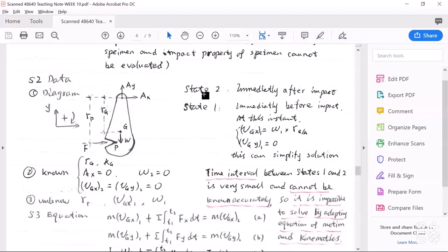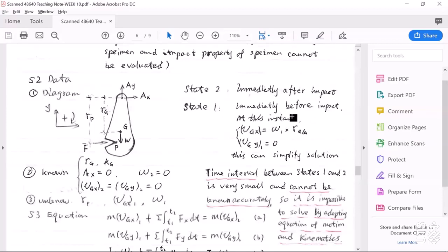But how about state 1? And here we define initial position is a position immediately before impact, immediately before the pendulum hits the test specimen.